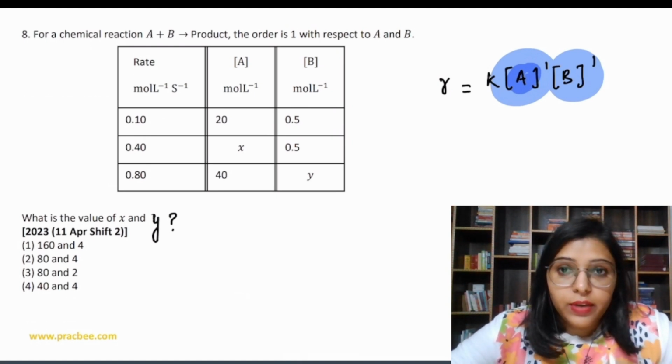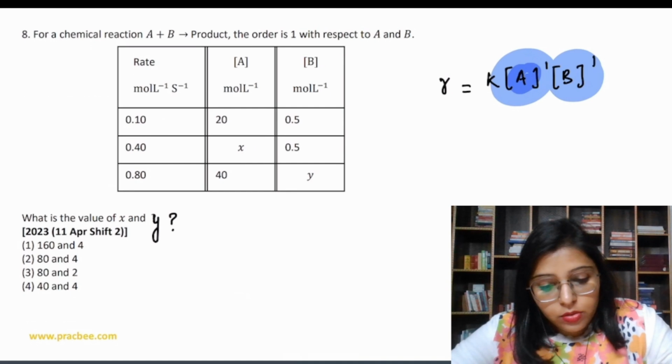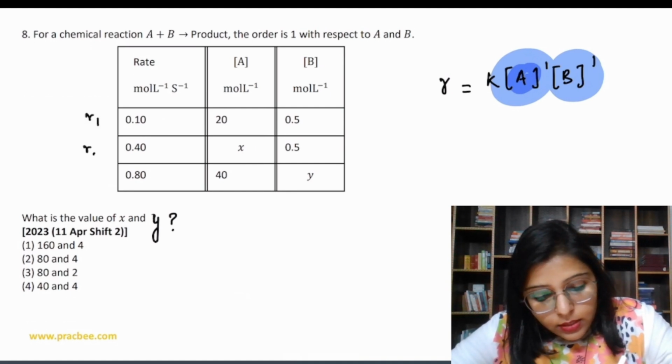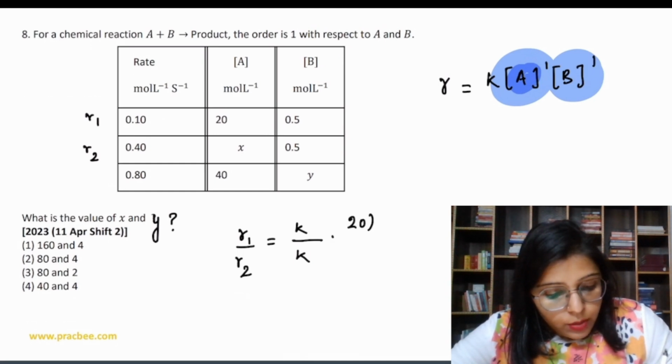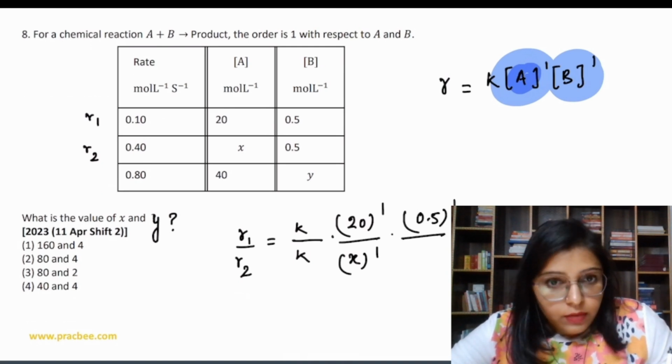Now, what is the value of x and y? How to solve this? Suppose this is R1 and this is R2. I can take R1 upon R2. So R1 upon R2 is K upon K, concentration of A to the power 1, concentration of B to the power 1, here 0.5 to the power 1 divided by 0.5 to the power 1.